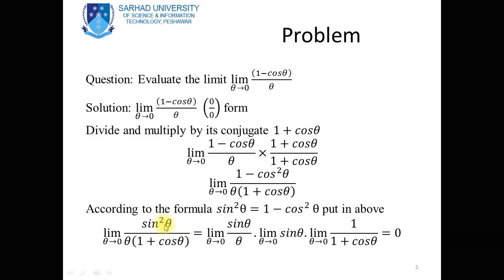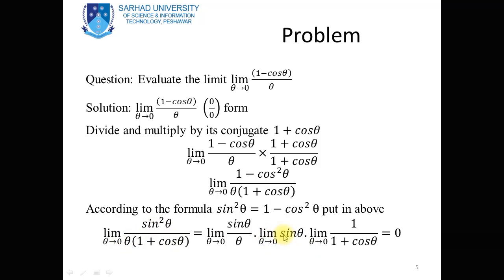Now, by applying the theorem, we obtain limit theta tends to 0, sine theta divided by theta, sine square actually is sine theta dot sine theta. So sine theta divided by theta, dot sine theta.